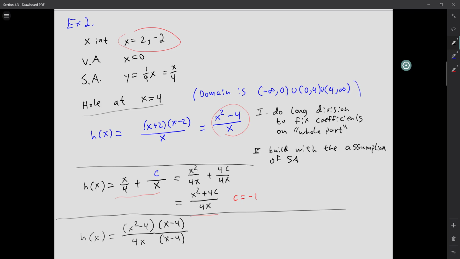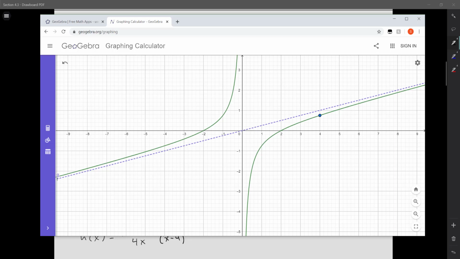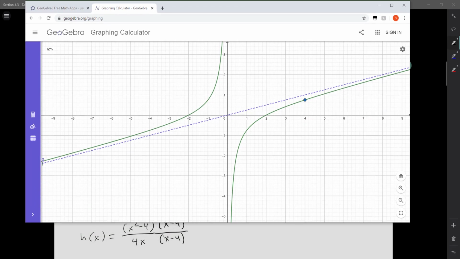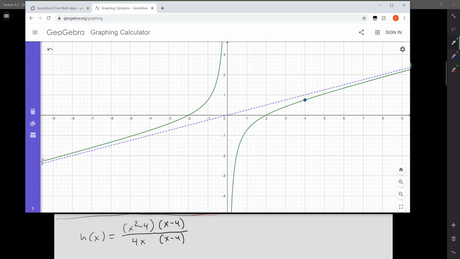So let's go ahead and compare that with what I popped into the graph here. And that won't move, so that's great. Perfect. So I'm saying my h of x is x squared minus 4 times x minus 4 divided by 4x times x minus 4.